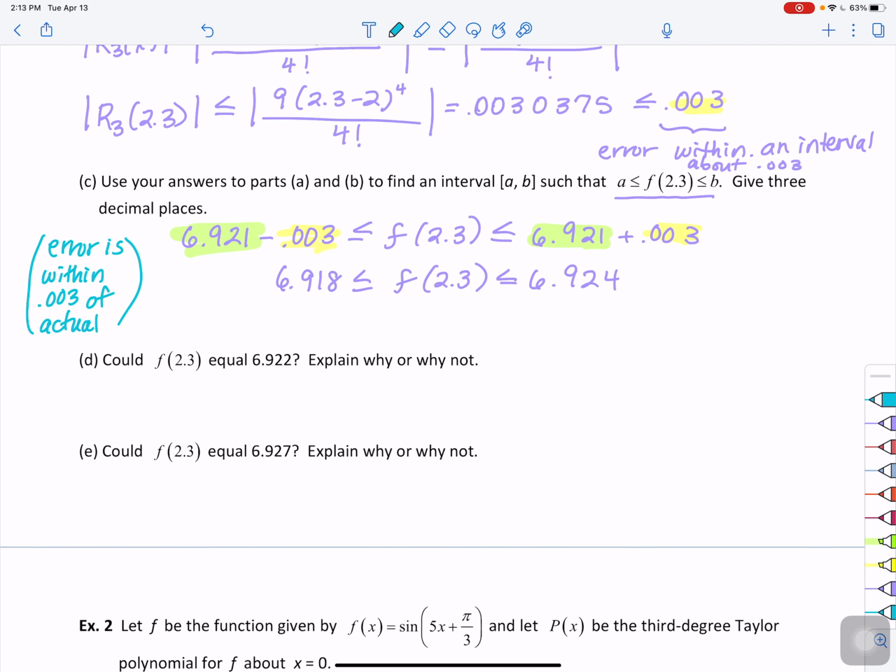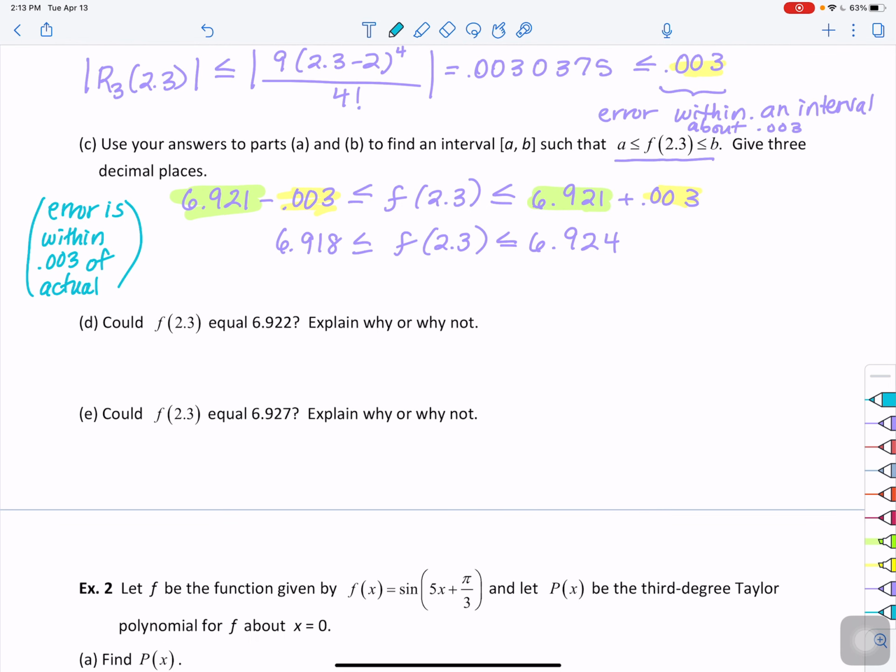Okay, could f of 2.3 equal 6.922? What do you notice? 6.922 is in that interval. So you could say yes, since 6.922 is an element of 6.918 to 6.924. So we could actually write that here of what our actual value is. We could go ahead and just write it like that.